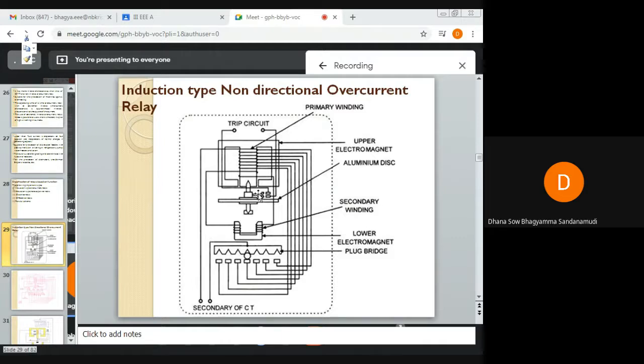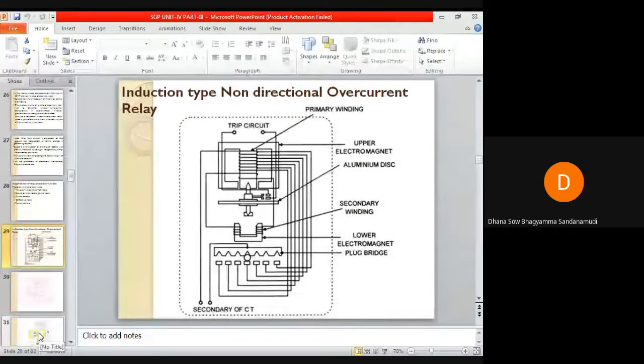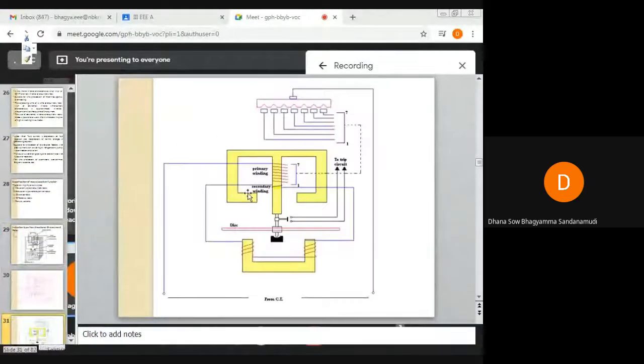The overcurrent relay construction is similar to that of our watt-hour meter type relay. If you remember, in the watt-hour meter there was an upper E-shaped electromagnet and a lower U-shaped electromagnet. Similarly, in this relay also we have an upper E-shaped electromagnet and a lower U-shaped electromagnet.